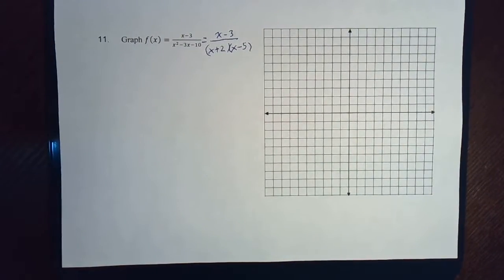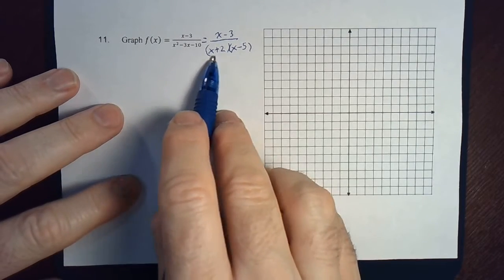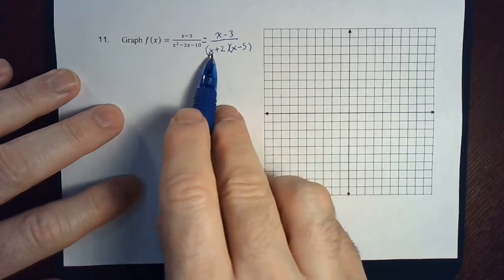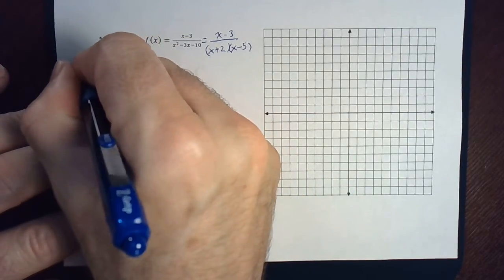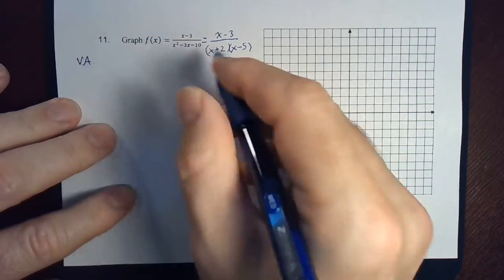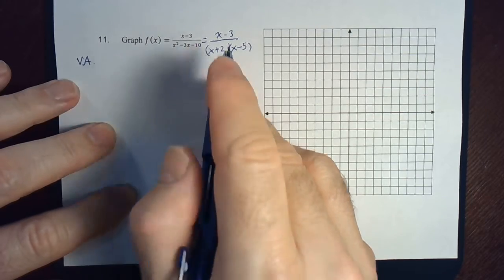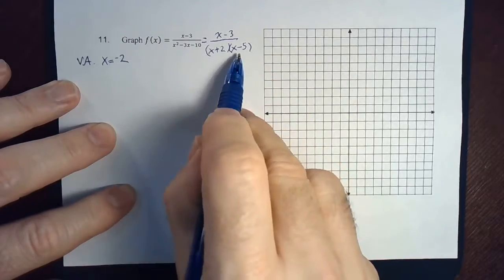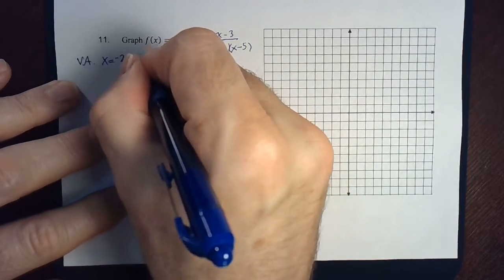Now that helps us out by finding the vertical asymptotes. It's very simple now. Setting the bottom to 0, we can tell that our vertical asymptotes will be x equals negative 2, and x equals positive 5.